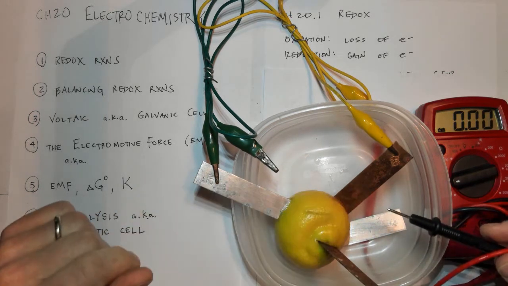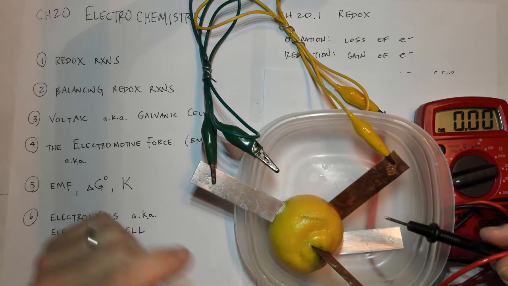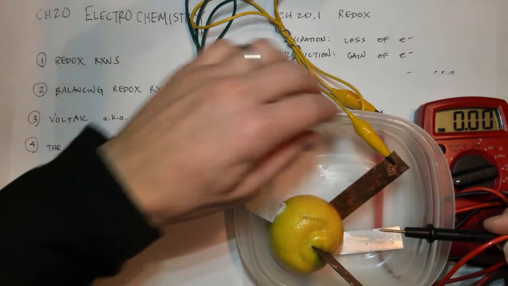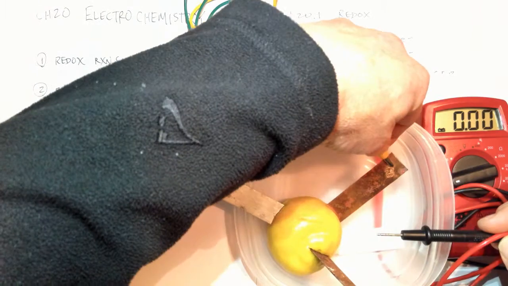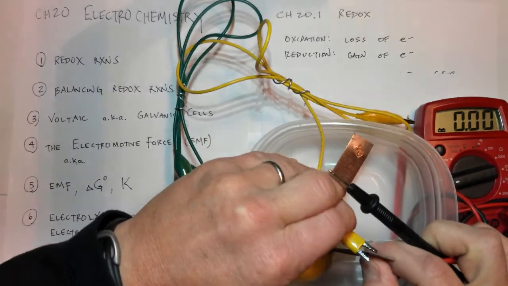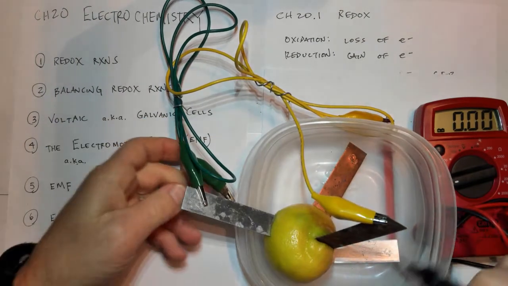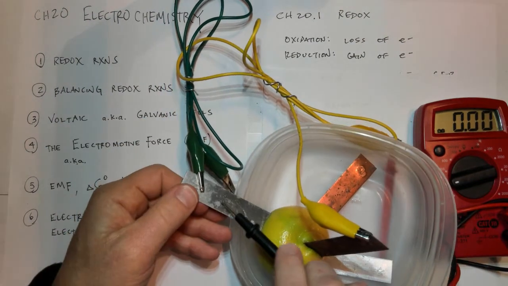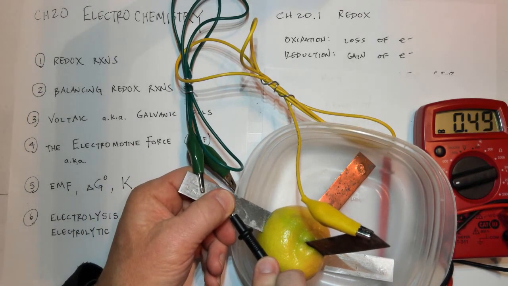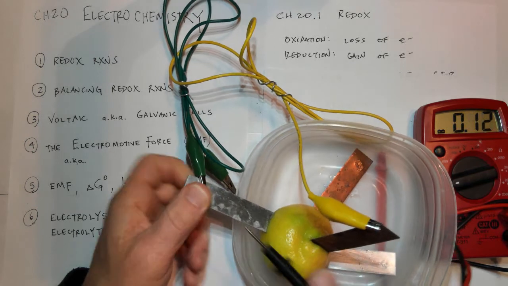And so in this chapter we'll take a look at why different metals create different voltages or potential differences between one another. I just want to try one more. Let's try iron here and zinc, and we'll try those two together. And you can see we get about a half volt from that one as well.